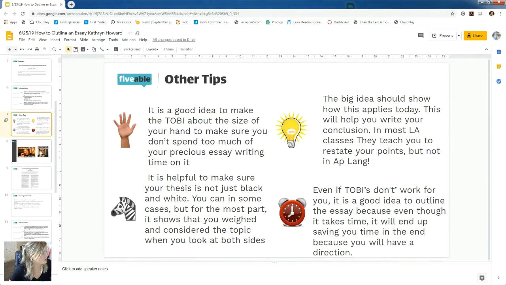Anyway, I'm just going to reiterate some of these. I know they redid all the AP stuff, but when I was in it last year, the theme was like, don't read to know, read to weigh and consider.